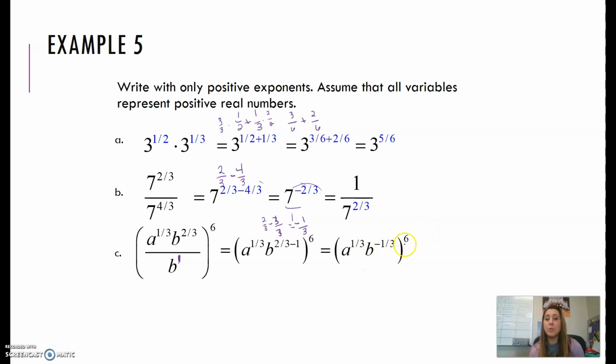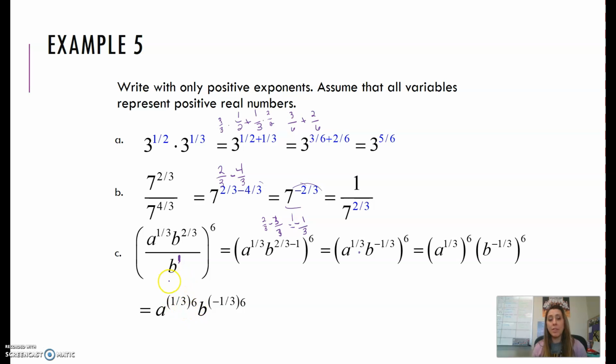Now, we learned when we take a power to a power, and because we're multiplying these, I'm going to multiply this power times this power, and this power times this power. So it's going to look like this. When I see it like that, I'm multiplying the exponents.